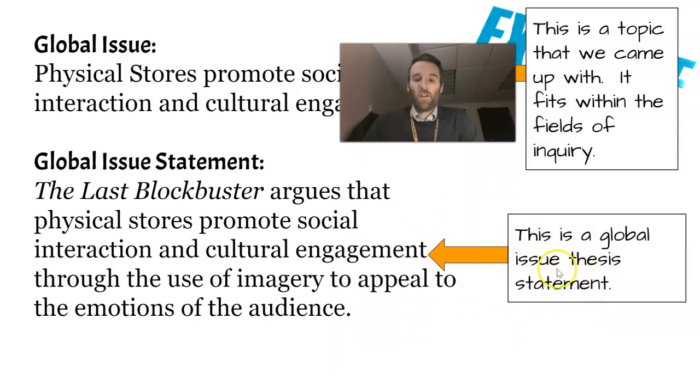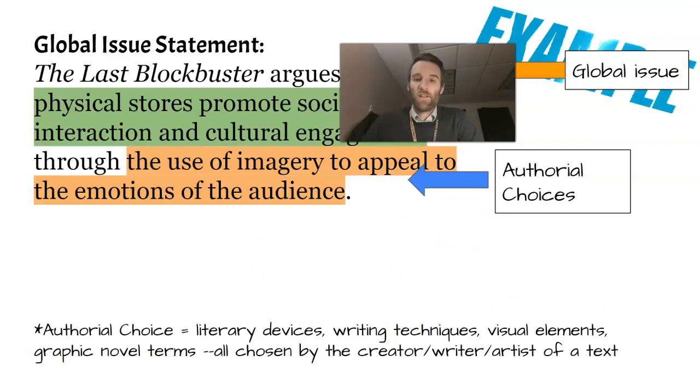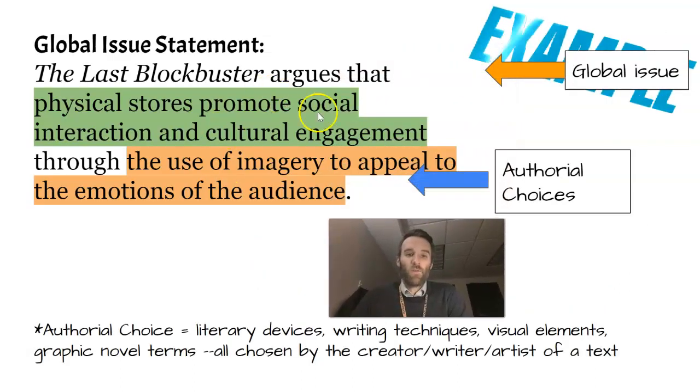We have the global issue thesis statement that also talks about what the author does. Here are the parts. You have the global issue in green, and then in orange you have some of the choices the author makes to communicate the global issue. Might be literary devices, writing techniques, visual elements, graphic novel terms, especially with Persepolis, as an example.